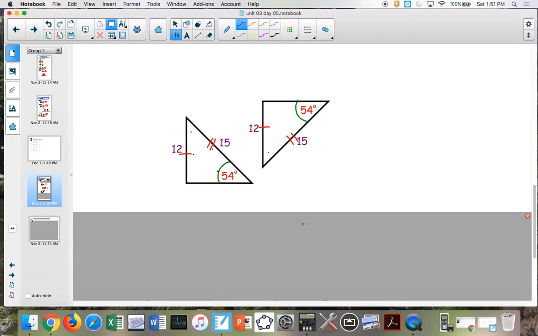Or you can think of it the other way. We have a side, then another side, then an angle. That's not one of our four. So this doesn't work. We don't know if these two triangles are congruent. They may be, they may not be. It depends. We need more information.